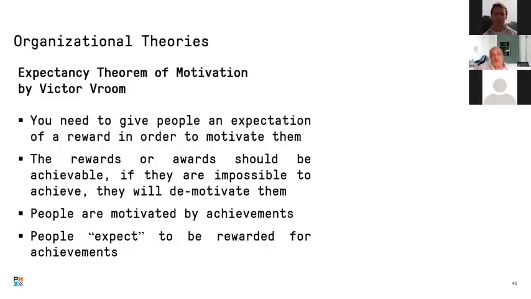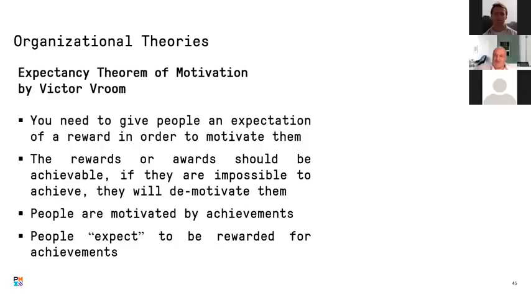So I will know that it is just words, rather than a real motivation or a real reward. So it will not motivate me. On the contrary, it will demotivate. So people are motivated by achievement. So achievement can be a reward by itself, and people expect to be rewarded for achievements. So yes, I will need to achieve this project, but if I achieve this project, it is not enough.